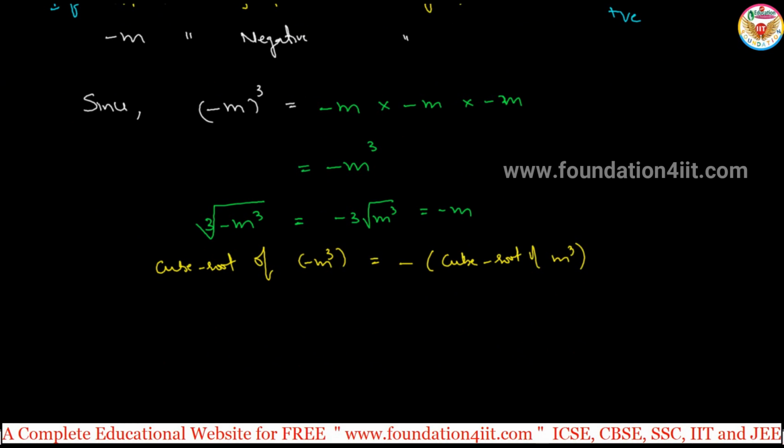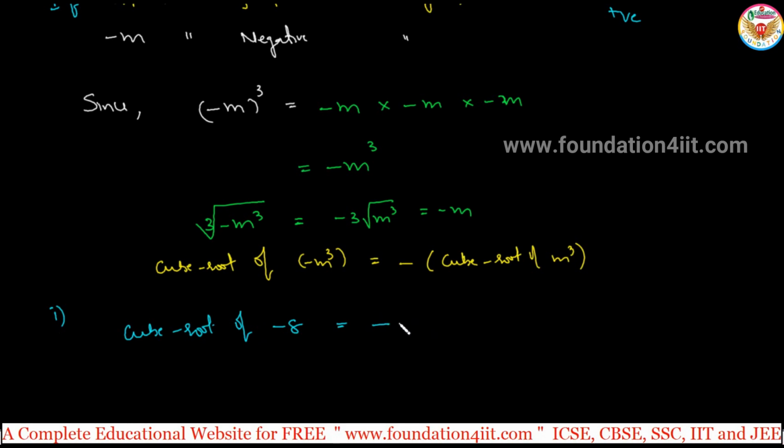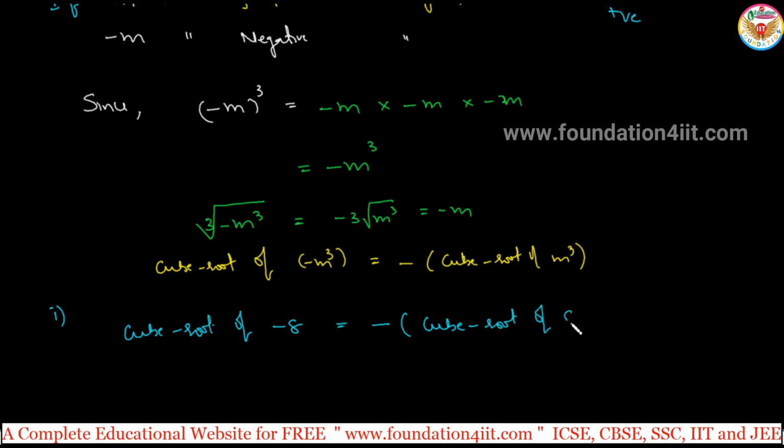If you want to find the cube root of minus 8, see one example. The cube root of a negative number, minus 8, is nothing but minus, which we can keep in front, times the cube root of 8.